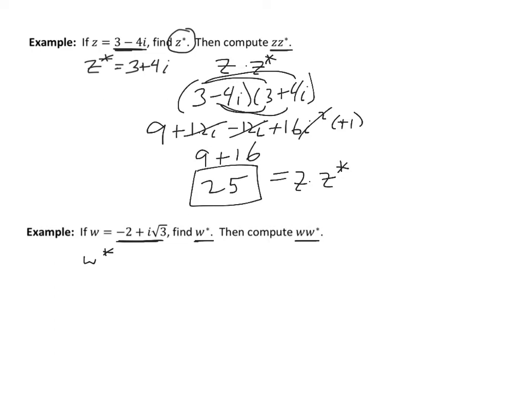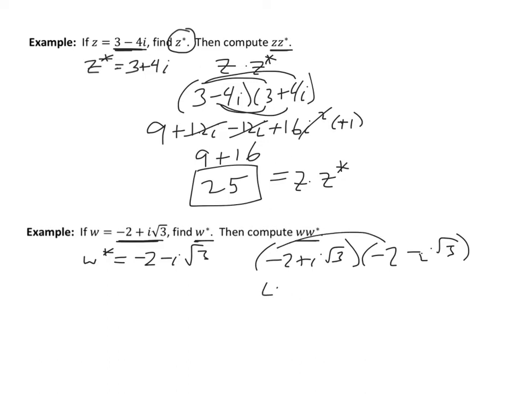The conjugate w star is going to be negative 2 minus i root 3. For the product, I'll do the original complex number times its conjugate. Oops, I just realized I put a square root right there. This should just be a 2. There we go. Negative 2 times negative 2 is 4.